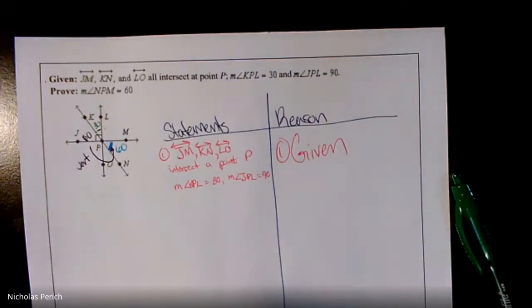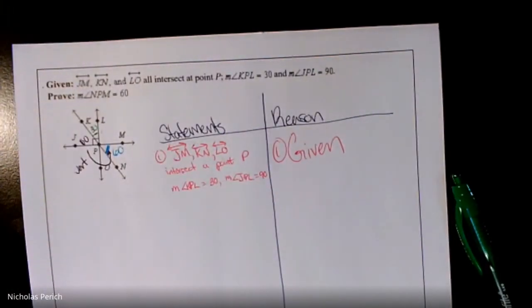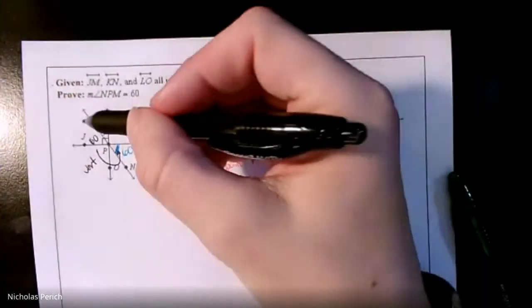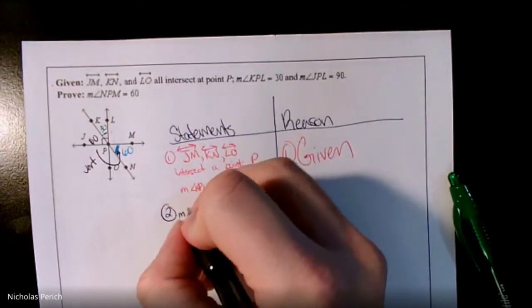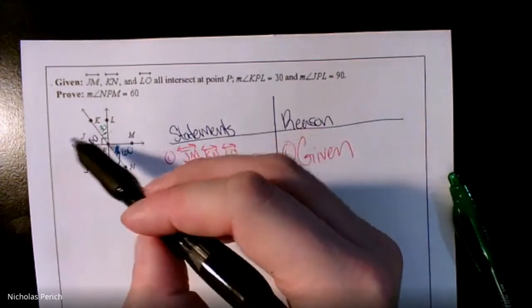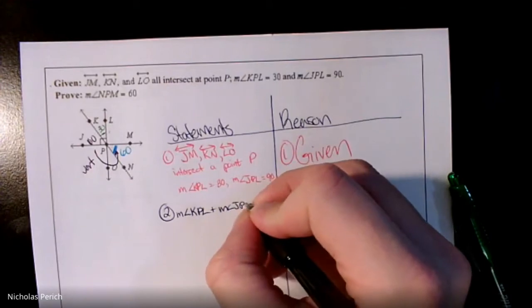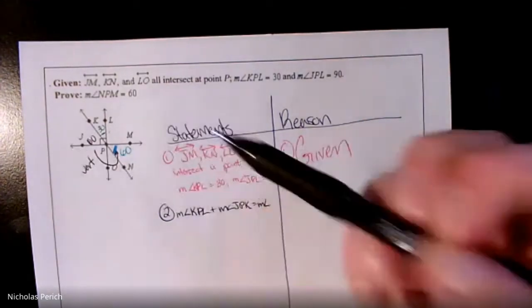I need to show here that this guy is 60. How can I do that? Well, I know that if I add KPL and JPK, I get JPL.